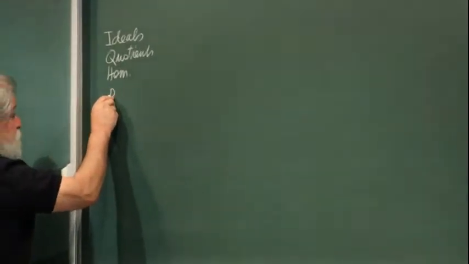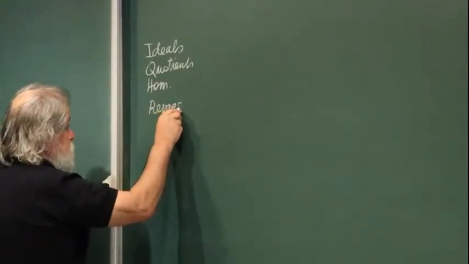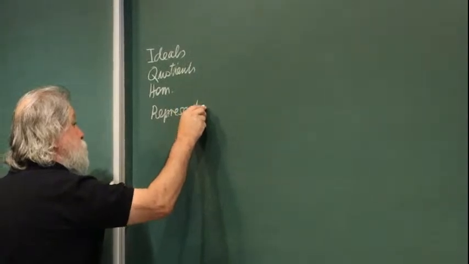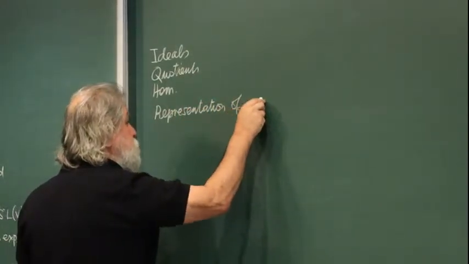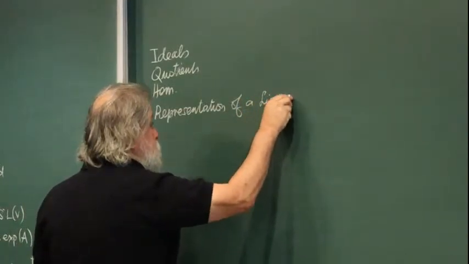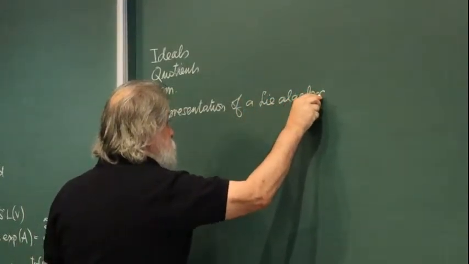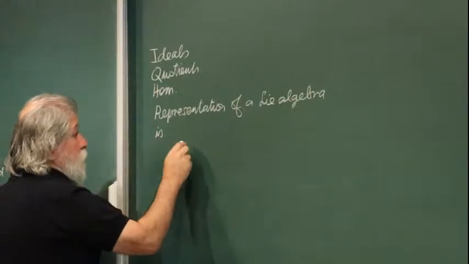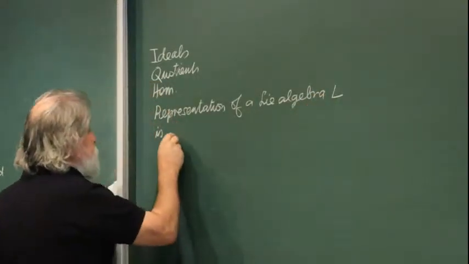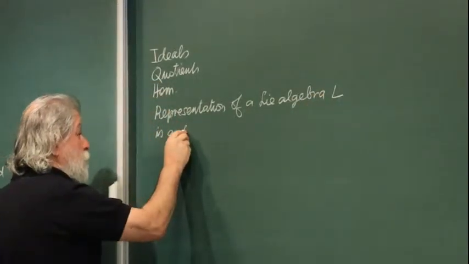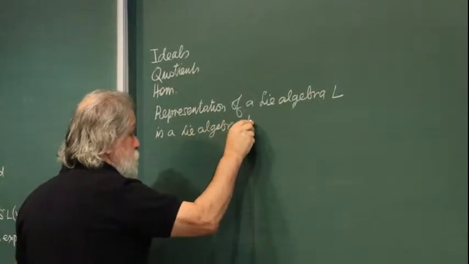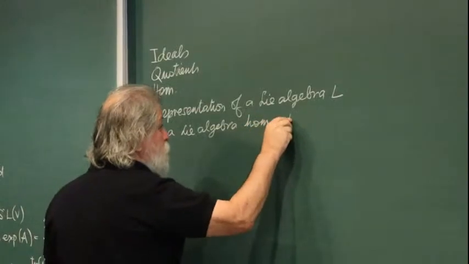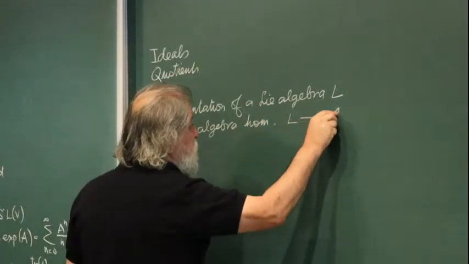What's the representation of a Lie algebra? A representation of a Lie algebra L is a Lie algebra homomorphism from L into some GLV.